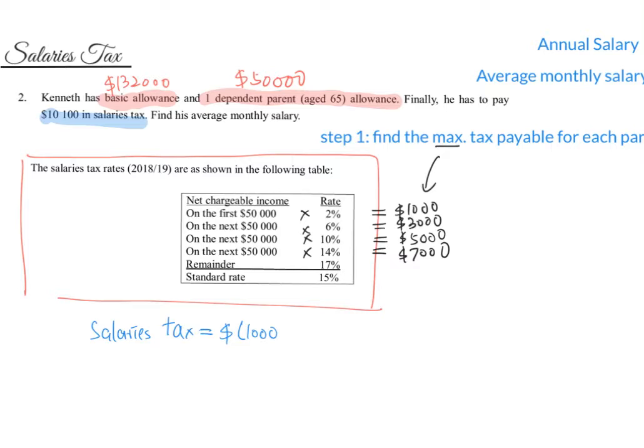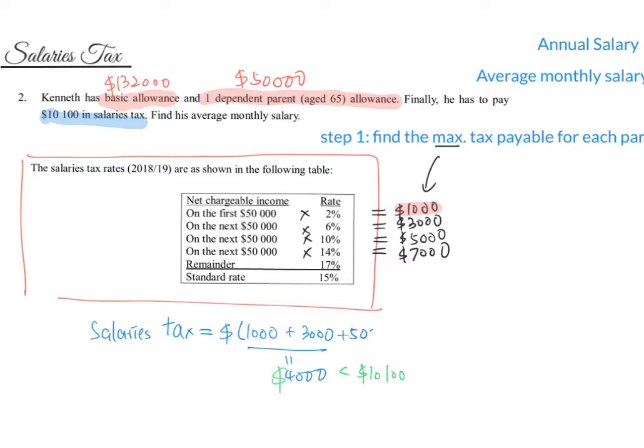So the first layer, 1,000, is less than the total value. Then the next layer, 3,000. Add them together and it becomes 4,000, so it is still less than the salaries tax. Let me write it here, which is still less than 10,100.